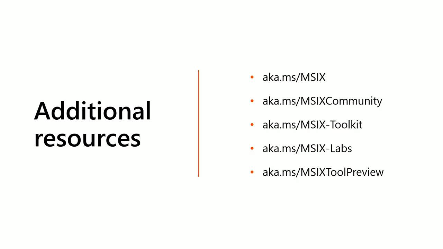We're regularly checking it. We do have a toolkit available, on GitHub. It's got a couple of scripts that might be of use to you, such as bulk signing and things like that. It also has an app installer file builder if you want to test out app installer files.